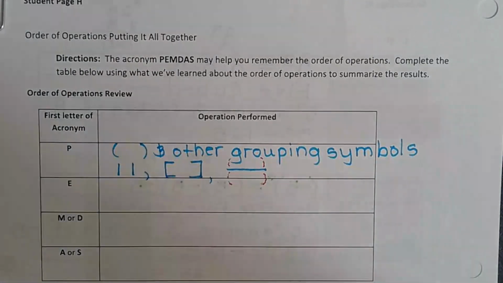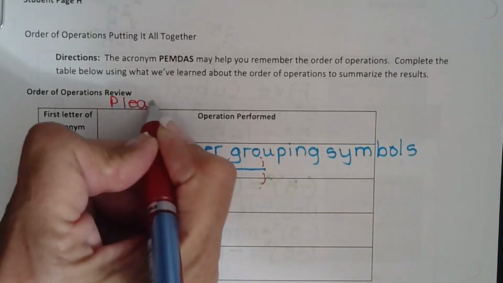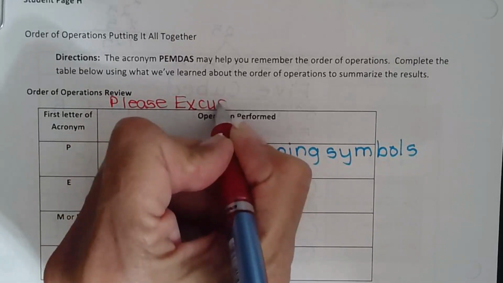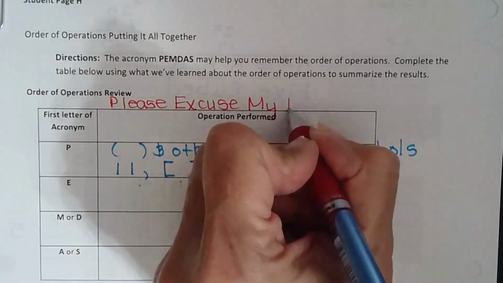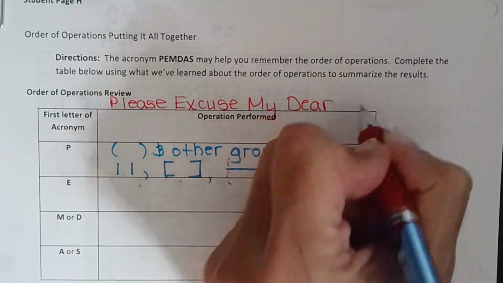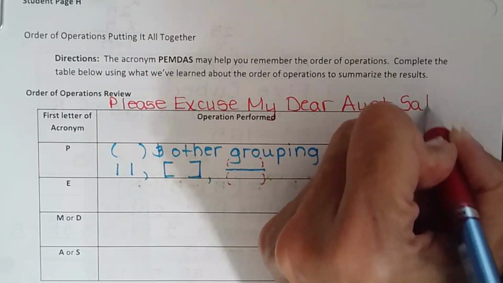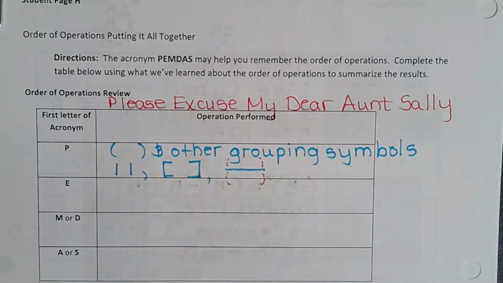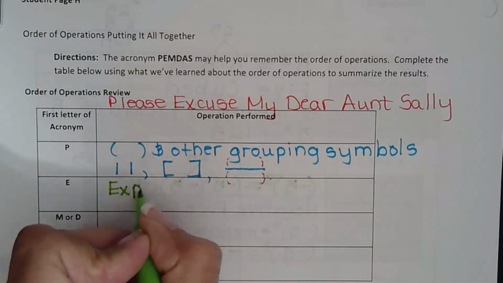E stands for, and let's just go ahead and write please excuse my dear Aunt Sally again, in case anybody doesn't remember that. Just to remember PEMDAS, my dear Aunt Sally. Okay, next we have E, and E are exponents and radicals.